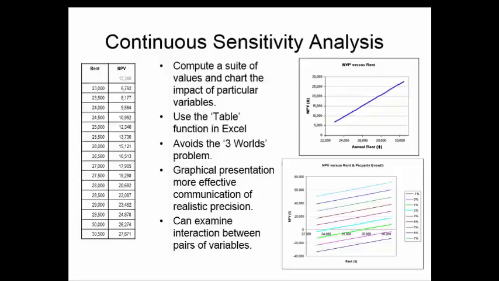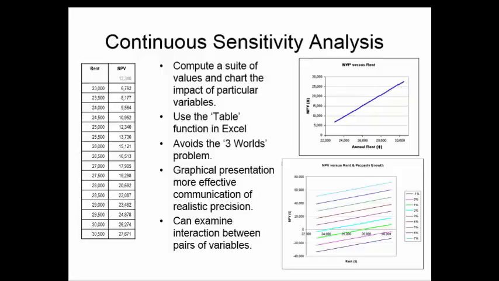This table is easily generated using the table function in Excel, and we've already learnt how to do that in the FinTuit exercises. Likewise, on the right of the slide, we can see the table expressed as a graph. It turns out that the graph is a superior way to present this information to a client or to your organisation.